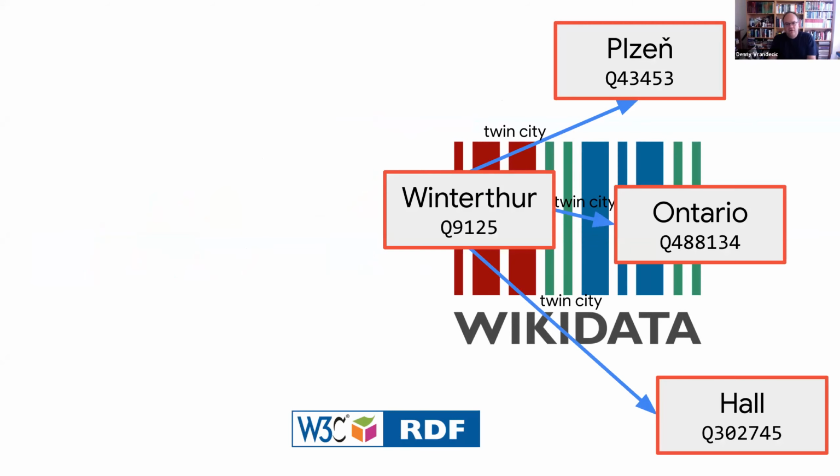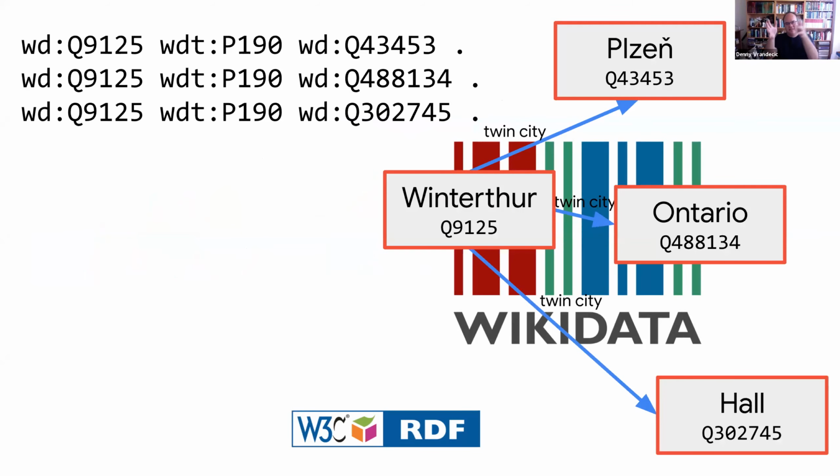And in RDF, it looks, for example, like this. This is just the little graph that we see here. Basically you say, we have subject, predicate, object, which means one node is connected by this property with that object. And this way, we publish this large RDF graph in Wikidata.